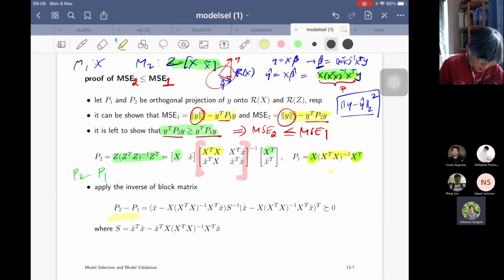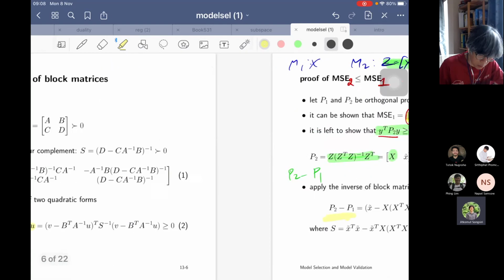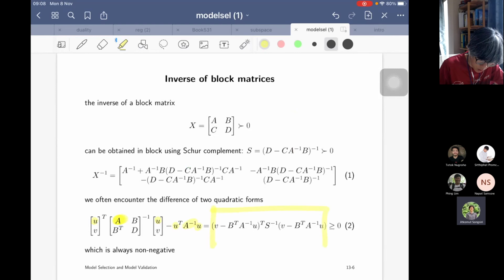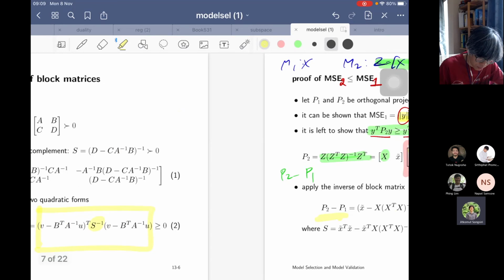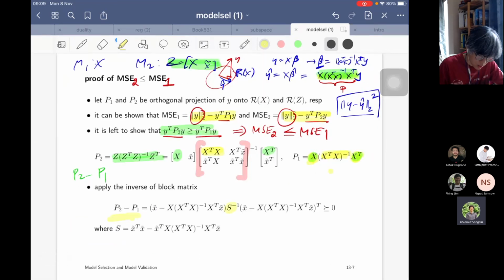The result of the subtraction compared to this one, as I mentioned, is going to be another quadratic function parameterized by the Schur complement inverse. What is the Schur complement in this example? It is this matrix minus this matrix times this matrix inverse times this.